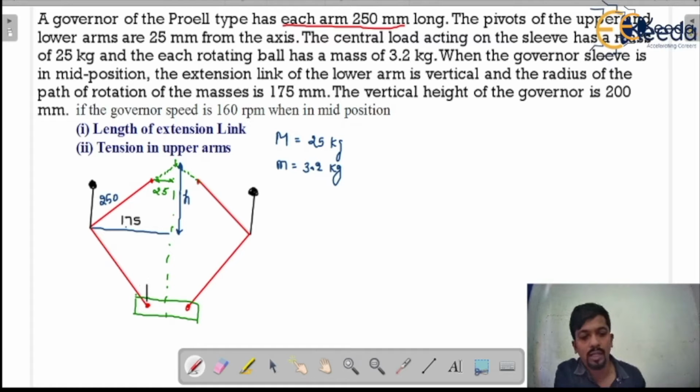Now we need to first calculate the length of the extension link, while the governor speed is 160 rpm when in mid position of the sleeve. Okay, the governor speed n is given, that is 160 rpm.